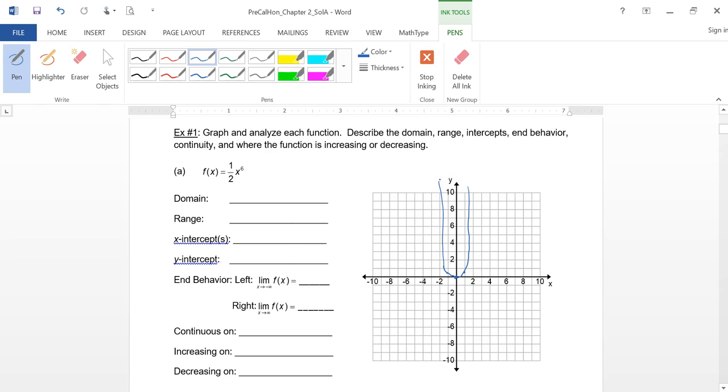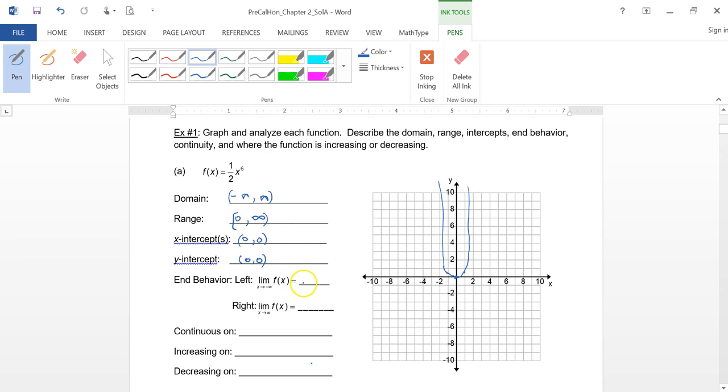Still though, what is the domain? Negative infinity to positive infinity. The range is 0 to positive infinity, and it includes 0. X-intercept is 0, 0. Y-intercept is 0, 0.